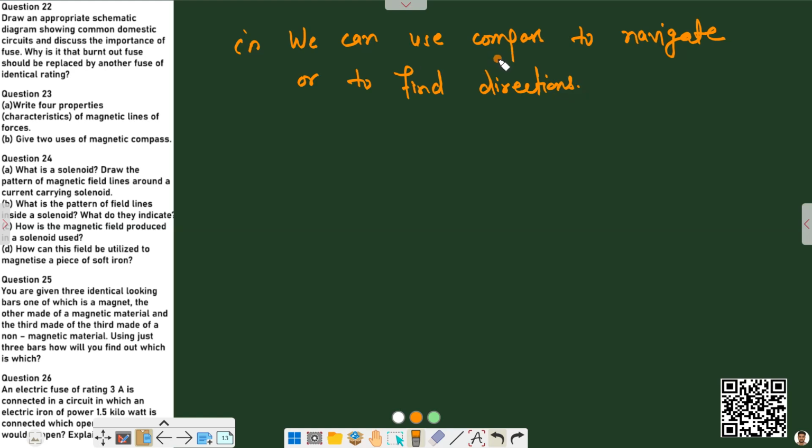If there is some magnet around you, then it will not work. And second, to find the direction of a magnetic field. So these are the 2 uses of a compass.